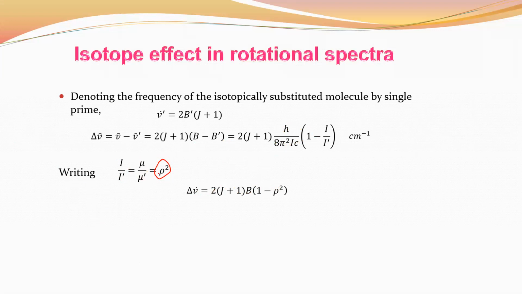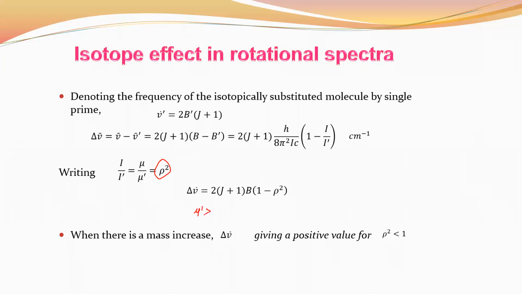If rho square is less than 1, and there is a mass increase, then mu dash must be greater than mu.